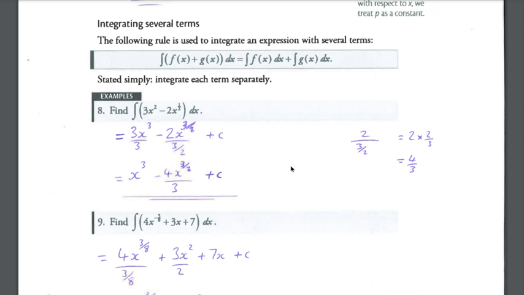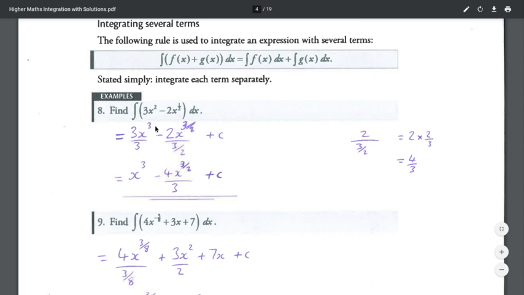And integrating several terms at once. Just like with differentiation, we can differentiate more than one term. We just differentiate each one as we go. So it'll be the same with integration. So add 1 to the power, divide by the new power. Add 1 to the power, divide by the new power here. So we end up with 2 over 3 over 2.